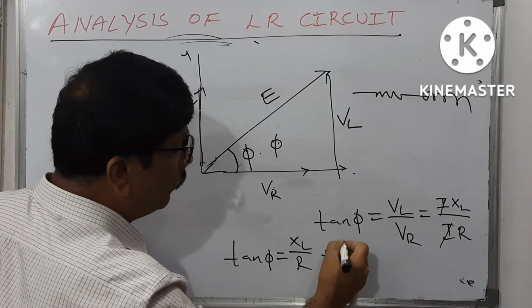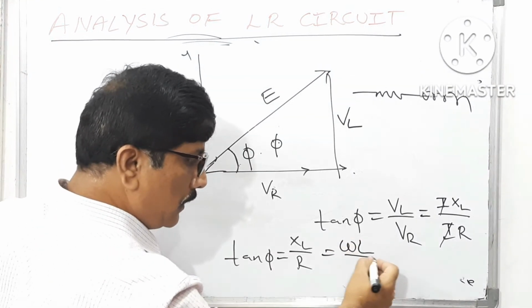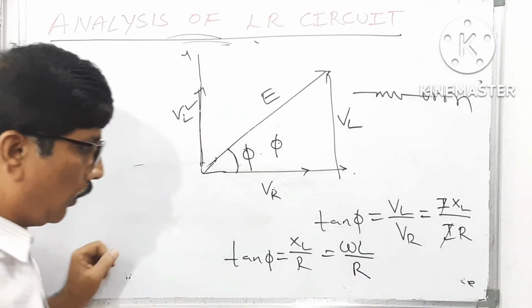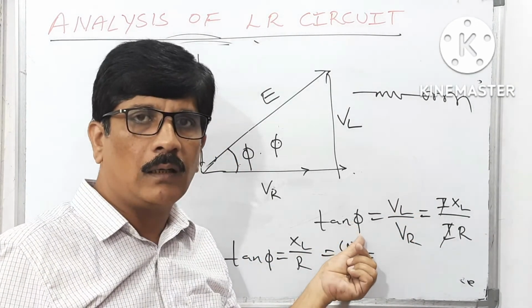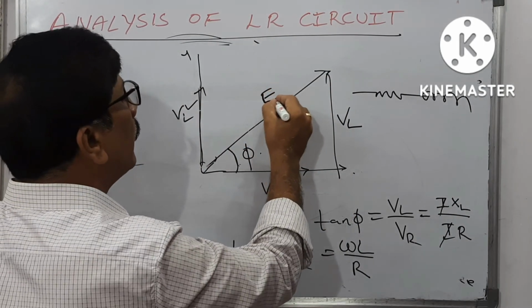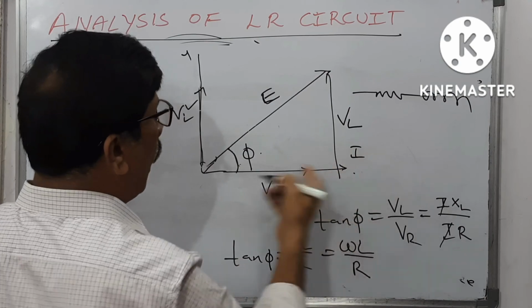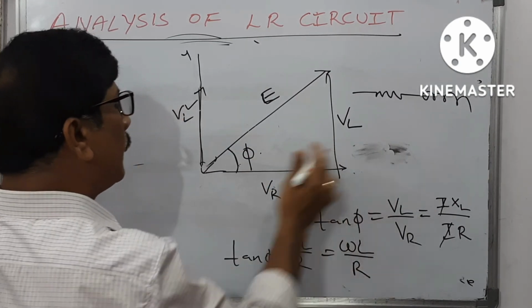Here XL is omega L, the angular frequency times the self-inductance, divided by R. If you know these values, you can find the phase angle. So finally, I can say that the net current is out of phase by angle phi.